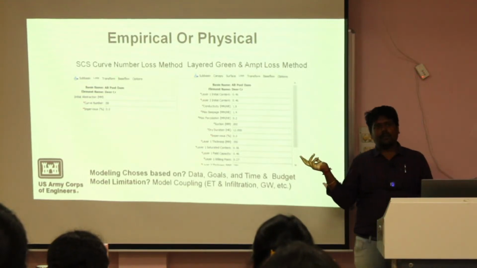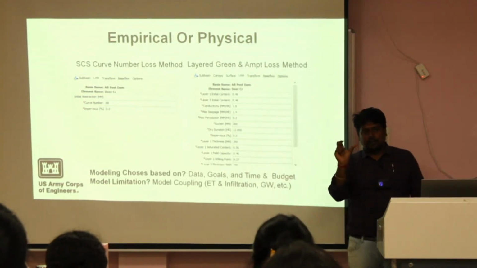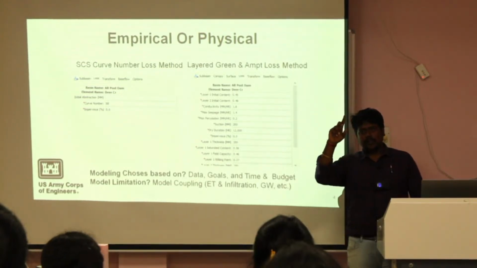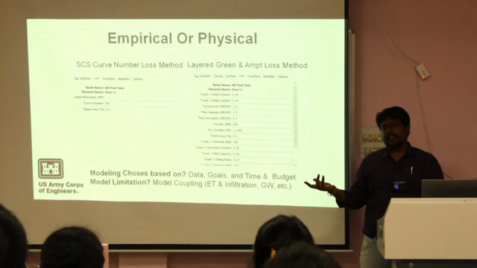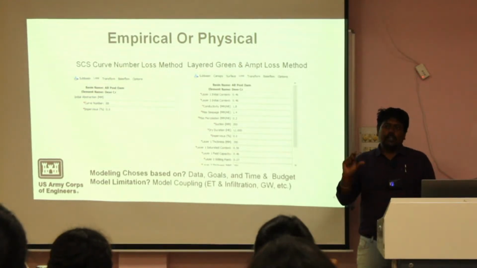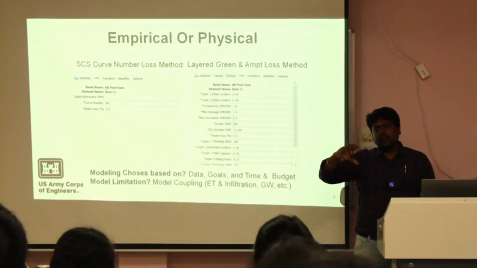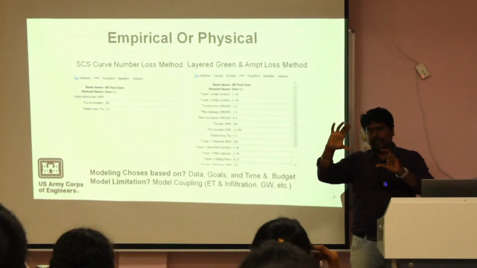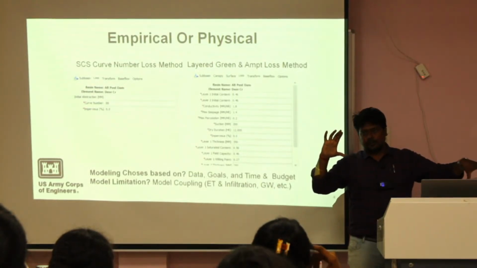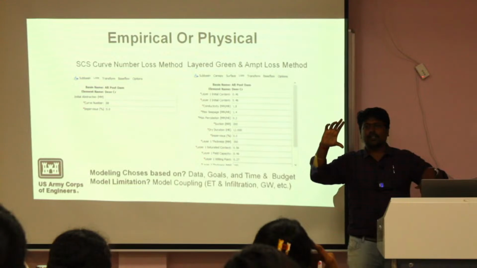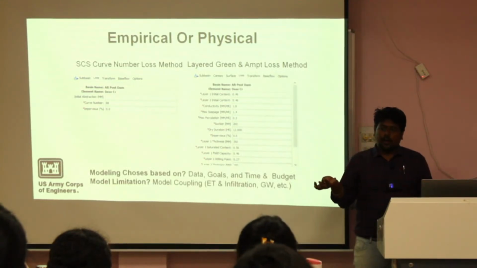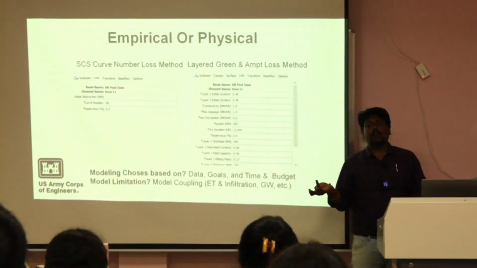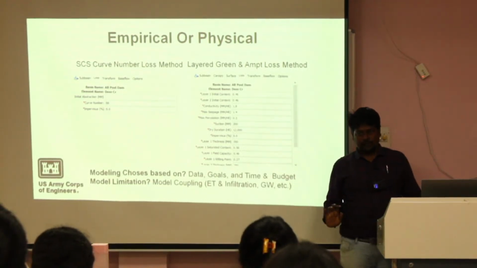They developed that formula, you know, 5400 by CN minus 1. The concept is only that I get the rainfall depth. From that rainfall depth, how can I get the runoff, and that depends on your soil, land use, land cover, and antecedent moisture content.